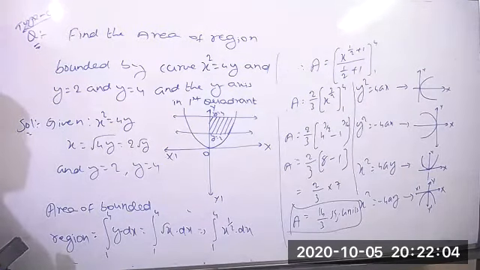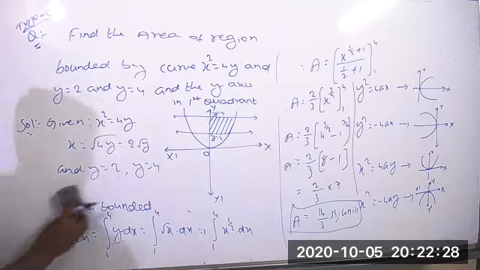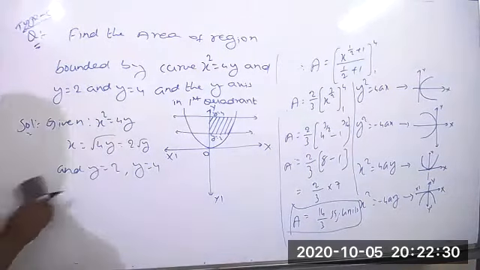What is the reason? When we take the limits on the y-axis, clearly we have to take x into dy. The limits we take on the y-axis, x into dy. The limits we take on the x-axis, y into dx. Now we can find it.